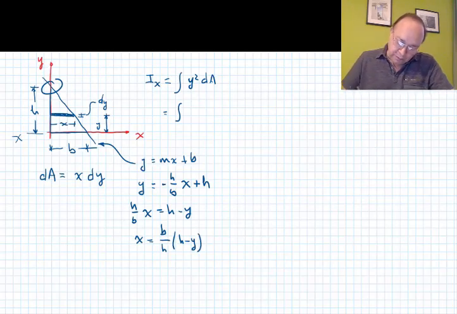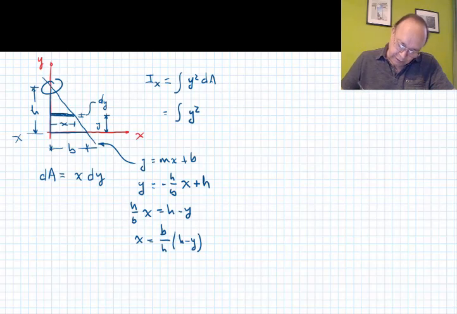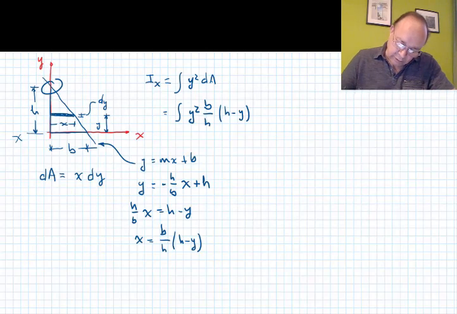So then our integral will be y squared times dA. dA will be x dy, and x will be b over h times (h minus y). That's x times dy.